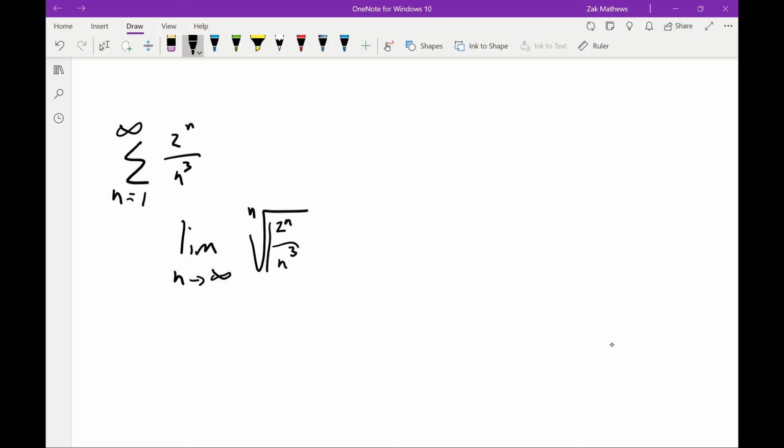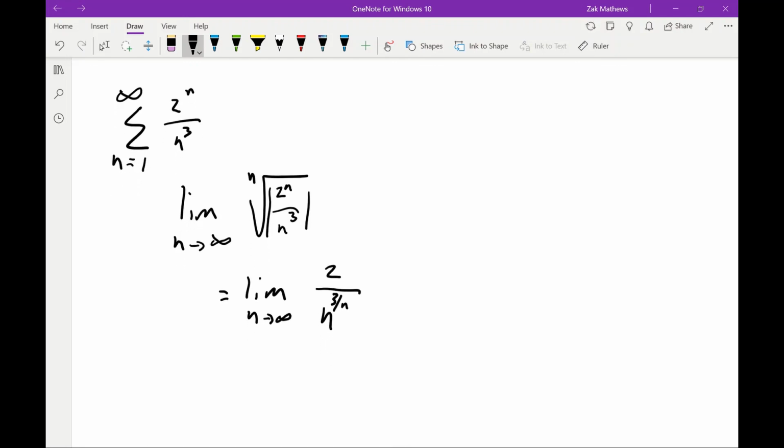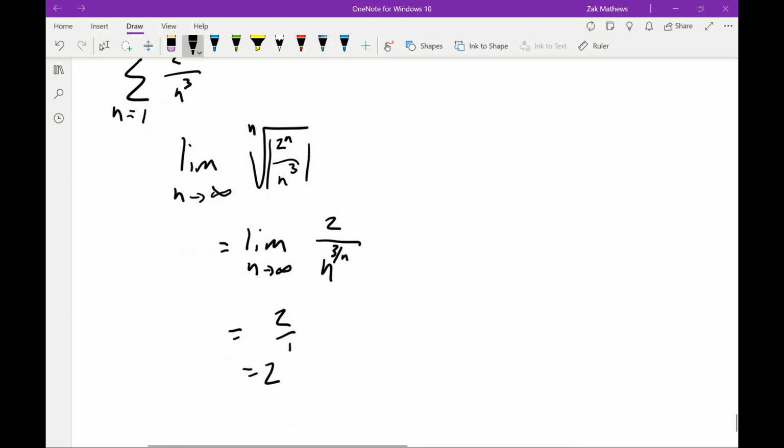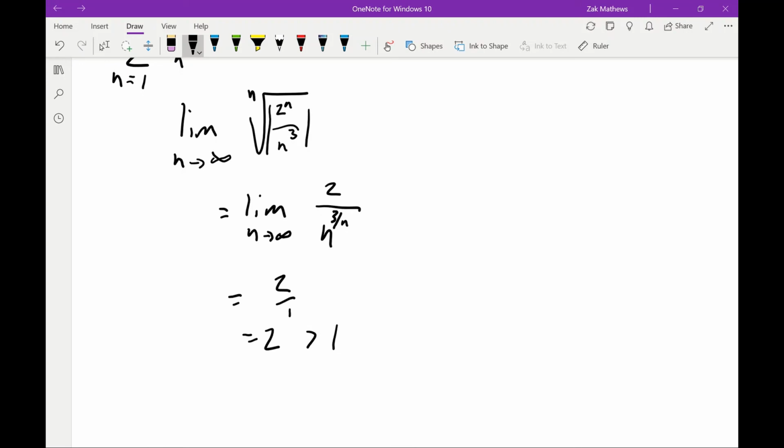We need to take the absolute value of that, but like I said before, we can drop the absolute value because the ratio is going to be positive if n is going to infinity. And so we'll have 2 over n to the 3 over n power. Remember what we just saw a second ago is n to the 3 over n is simply equal to 1, so we get 2 over 1, which is 2. That is greater than 1, which tells us that this must diverge.